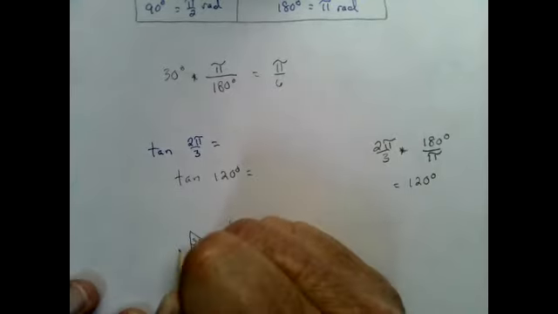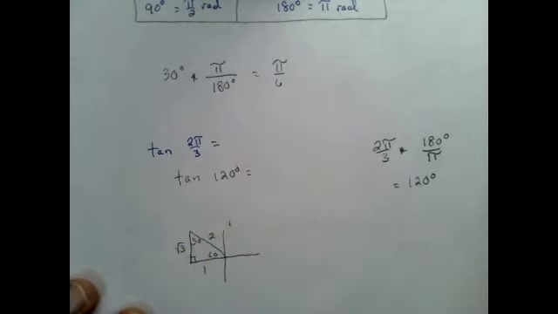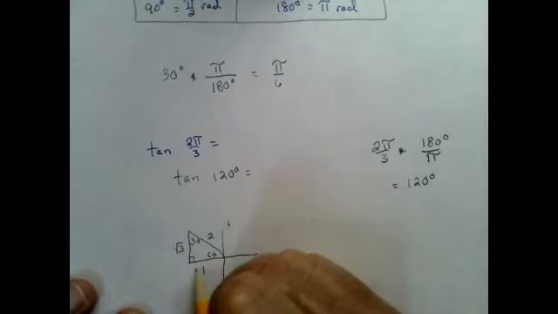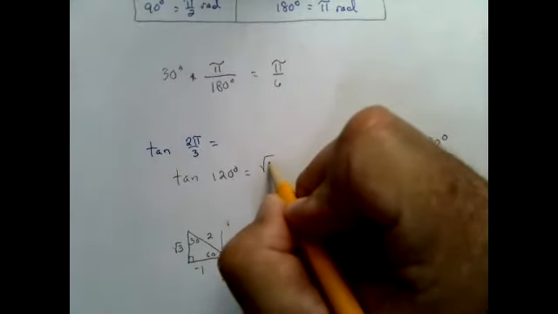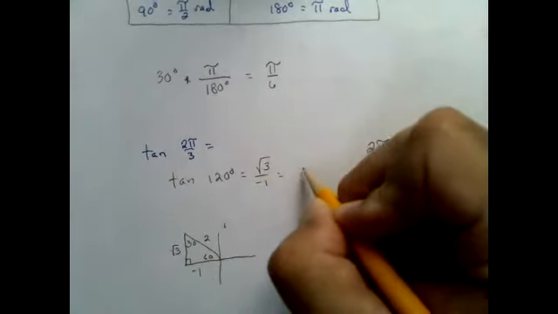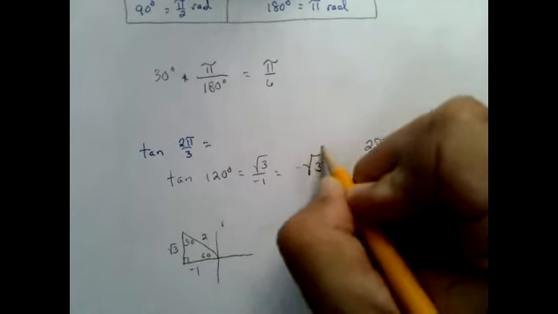That's the 1, square root of 3, 2. By location, this becomes -1. So the tangent of this reference angle is opposite over adjacent, square root of 3 over -1, or simply negative square root of 3.